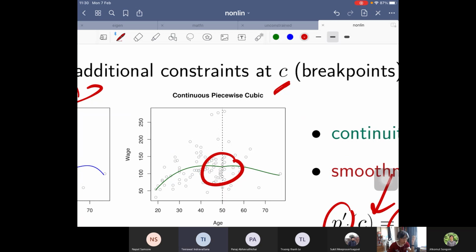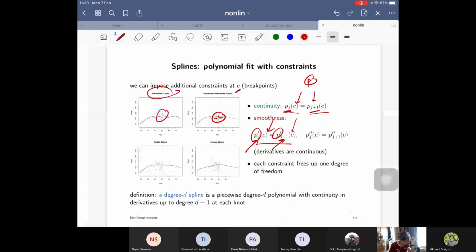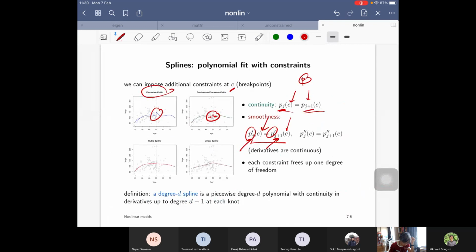No, not smooth yet, because there is a little kink here, which means that at point C, the derivative limit from the left and the limit from the right are not equal yet. When you impose the smoothness constraint, the graph will be smoother.